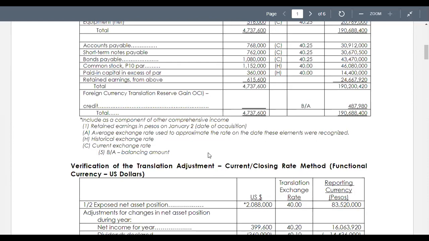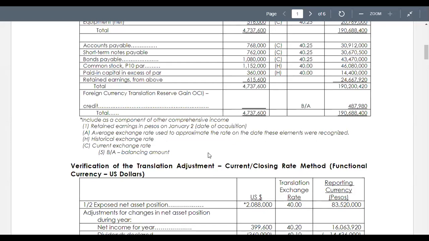The choices are current exchange rate, historical rate, weighted average, and others.